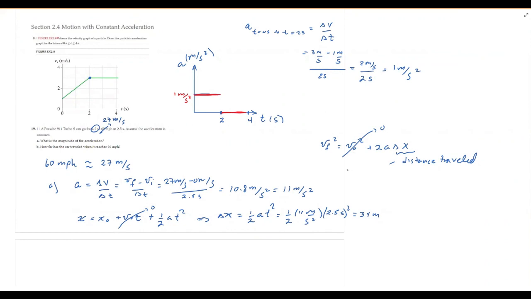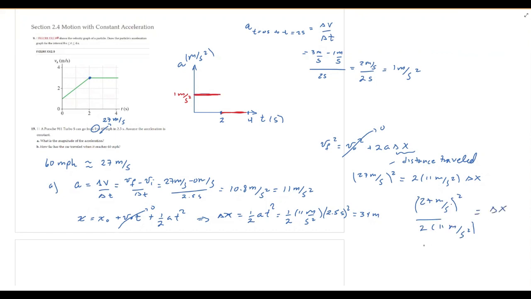So we say, okay, this is v f squared. What is v f squared? We know that is 27 meters per second, squared, equals 2 times, what is the acceleration? 11 meters per second squared, times delta x. So we solve for delta x. This is 27 meters per second squared divided by 2 times 11 meters per second squared.